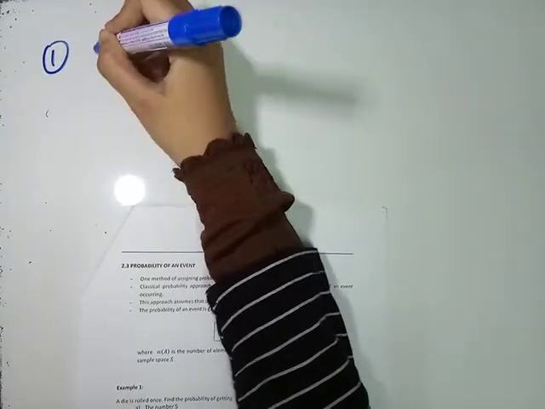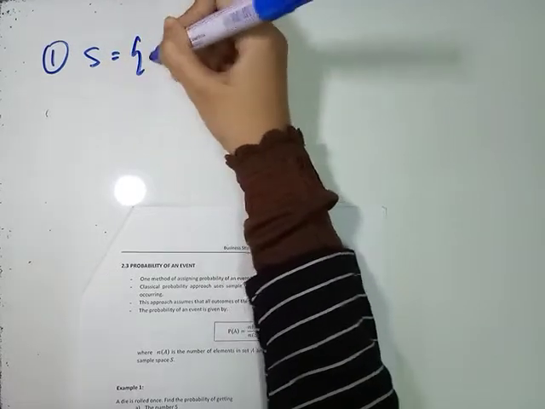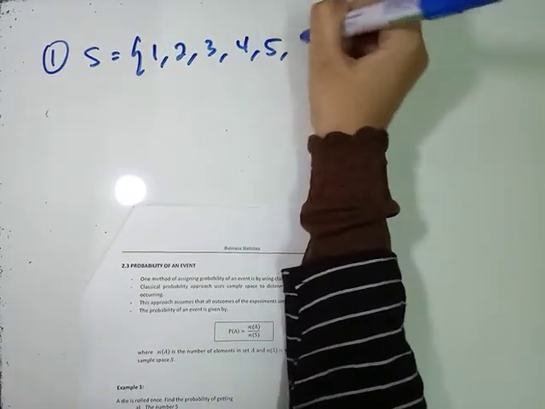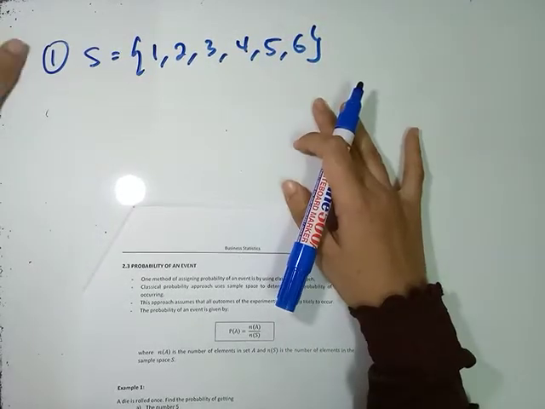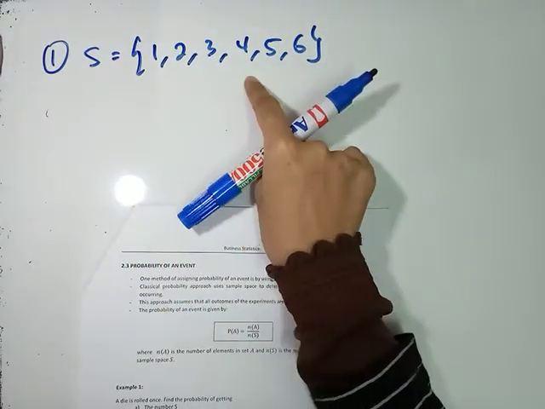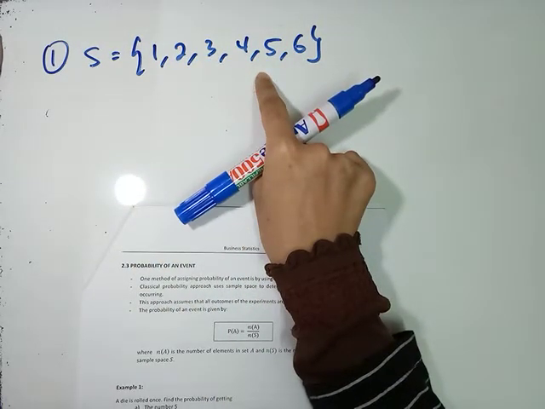So the sample space, this is first step, the sample space is 1, 2, 3, 4, 5 and 6. This is the outcomes of the experiments.